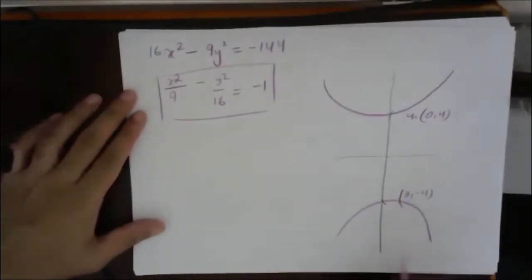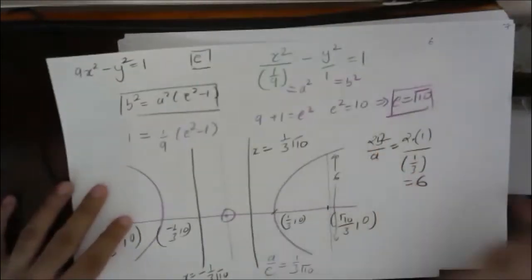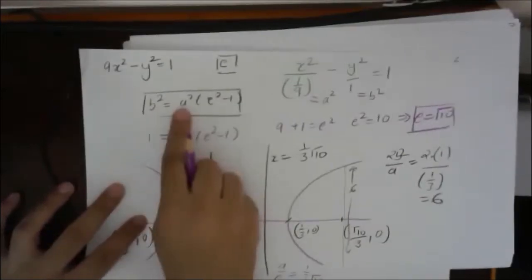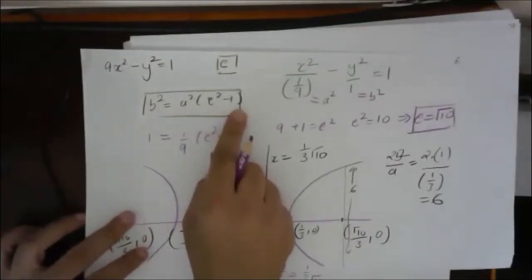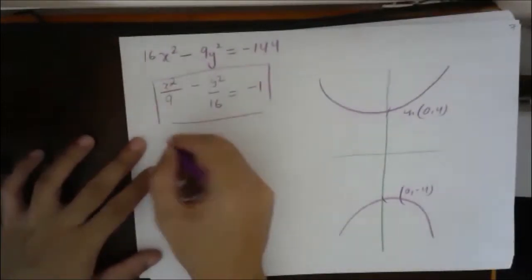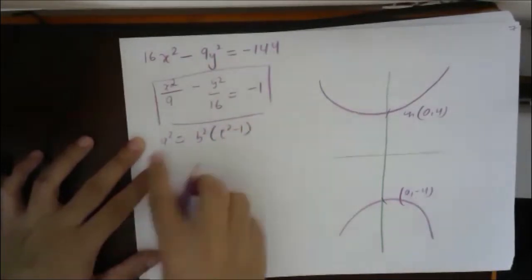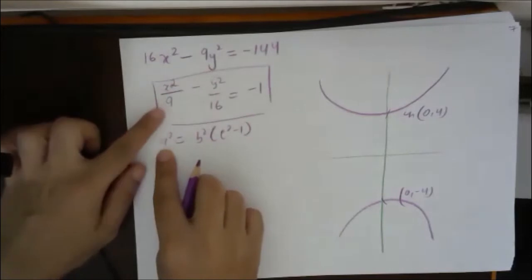Next we have to find the eccentricity. Previously, in the previous kind of hyperbola, we had b square is equal to a square into e square minus 1. In this case, it will be a square is equal to b square into e square minus 1, right? Here a square is 9, b square is 16.